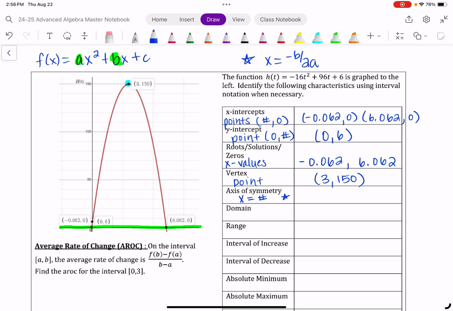So if we do that with this equation, we have x equals negative 96 over 2 times negative 16. We put that in our calculator, and we get x equals 3. The way you show that on your graph is you make a dashed line, except I'm not making a dashed line. I'm just drawing a straight line with a highlighter, and that will be the axis of symmetry.